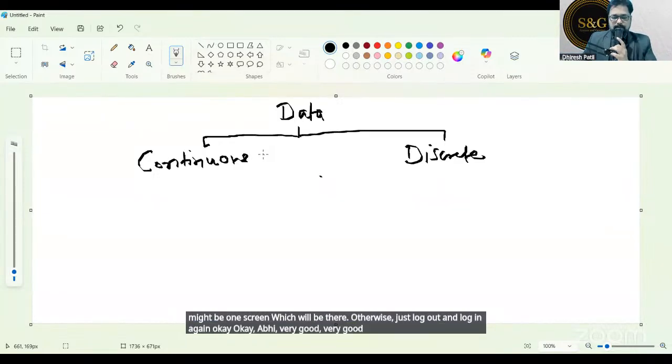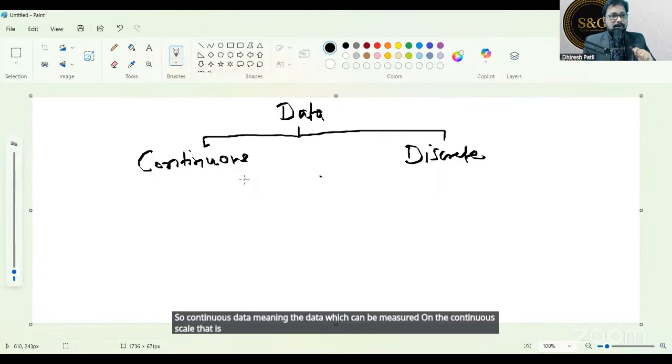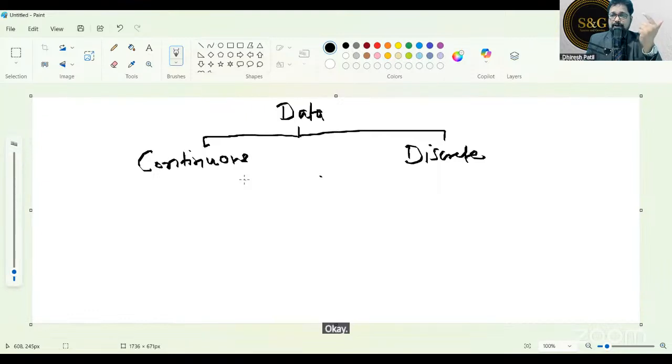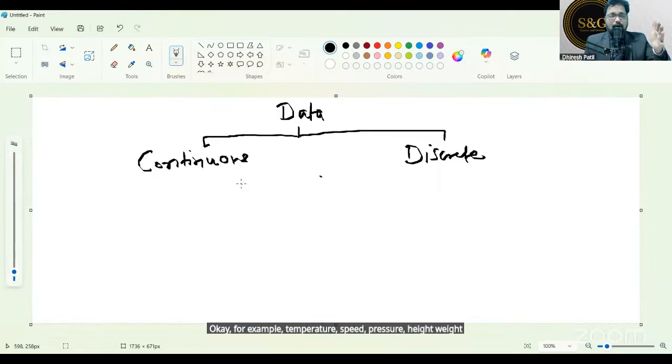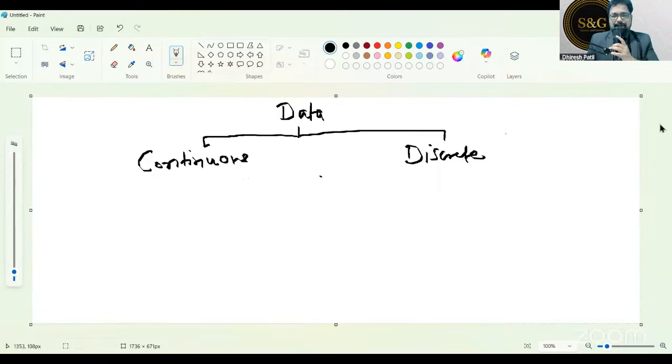Okay, sort it out. So, continuous data meaning the data which can be measured on the continuous scale. That is called continuous data. For example, temperature, speed, pressure, height, weight, length, all these are measured and that is continuous data.